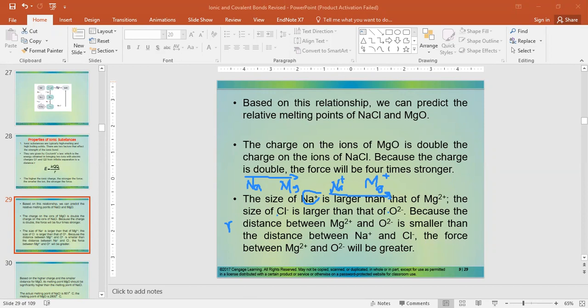Are you going to compare the chloride ion and the oxygen ion? Compare using the periodic table, because they are not in the same group, they are not even in the same period. So what are you going to base on? When you go down the periodic table, what happens? Atomic radius increases.